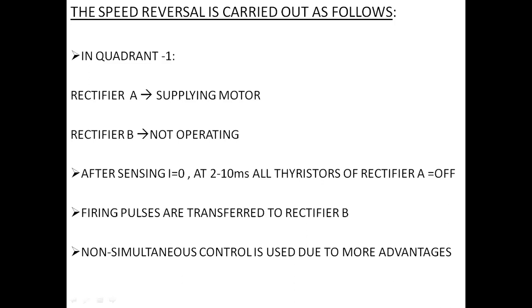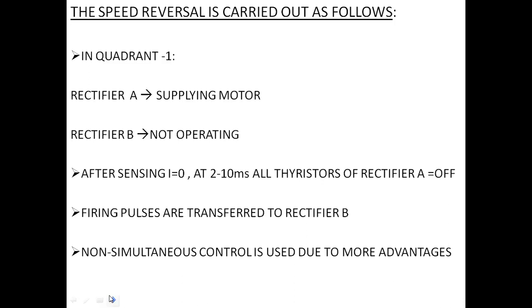For this we employ non-simultaneous control. Non-simultaneous control provides faster responses than simultaneous control. Because of this advantage, non-simultaneous control is widely used. This is how the speed reversal is carried out.